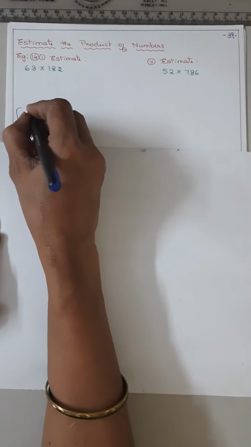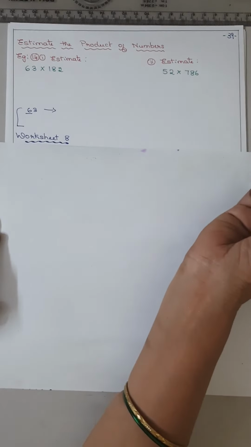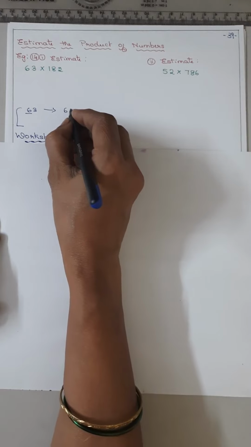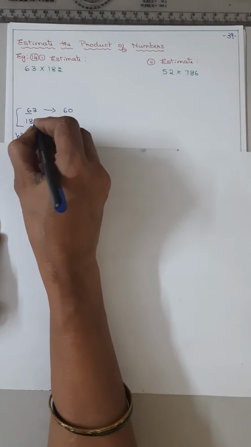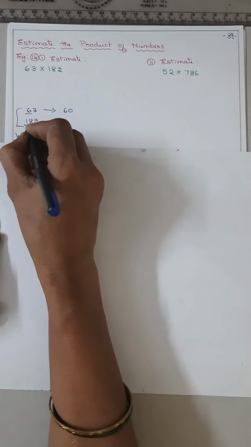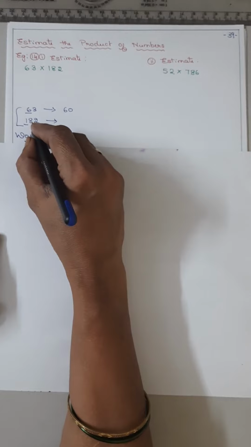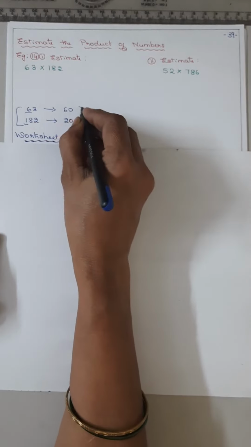So 63 to tens, right side it is 3, so it will be 60, and 182, underline 1 in the hundreds place, so 8 is bigger, so it will be 200.